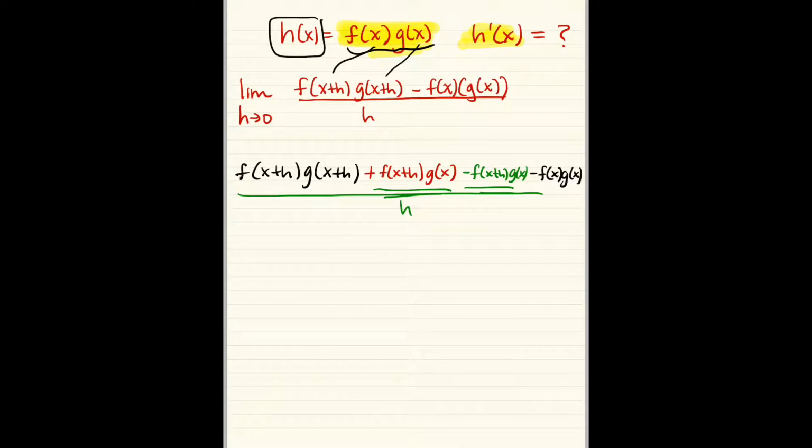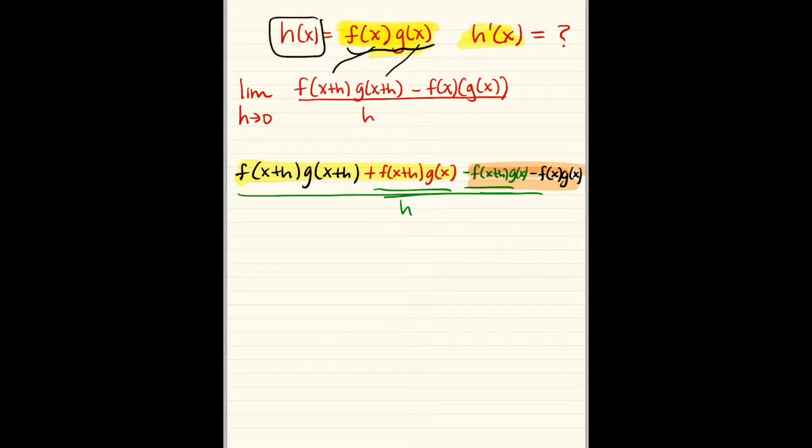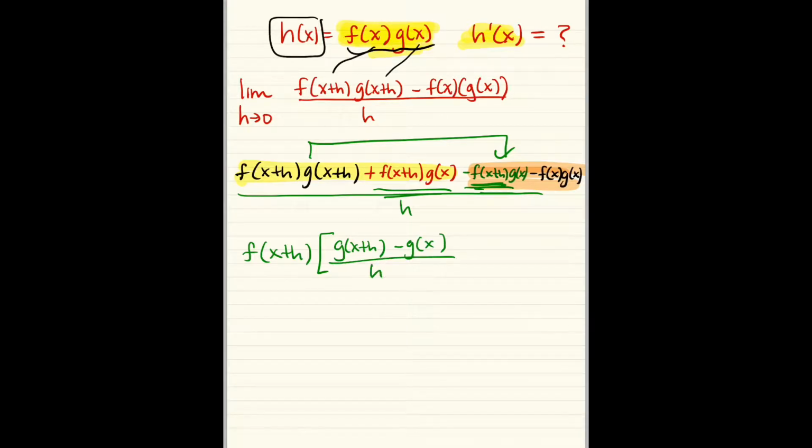Great. I'm going to line stuff up together. So I'm going to use this part as one, and this part as the other. Let's start with the yellow highlighted part. I'm going to factor out f of x plus h. I'm going to be left with g of x plus h minus g of x, all over h.